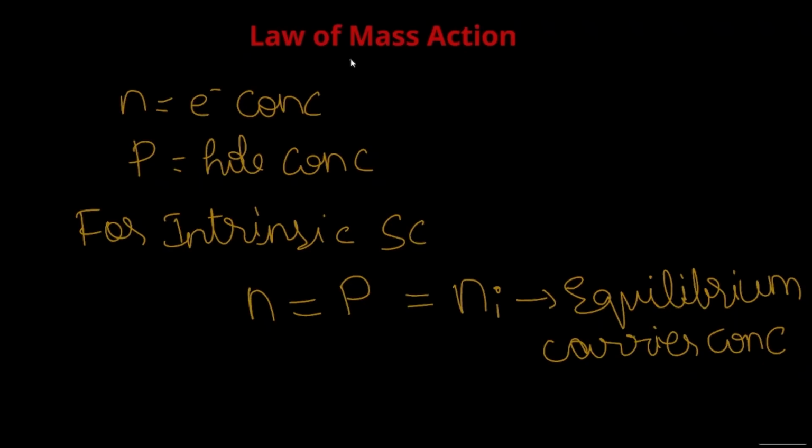According to the law of mass action, the product of the number of electrons and the number of holes is always constant, and that is equal to Ni square.